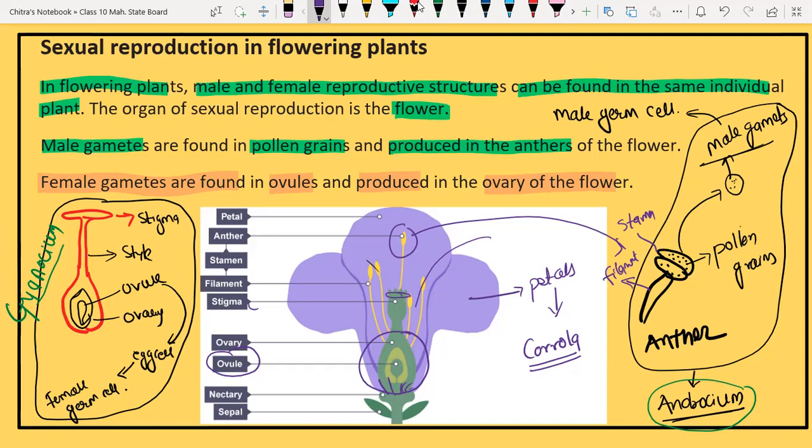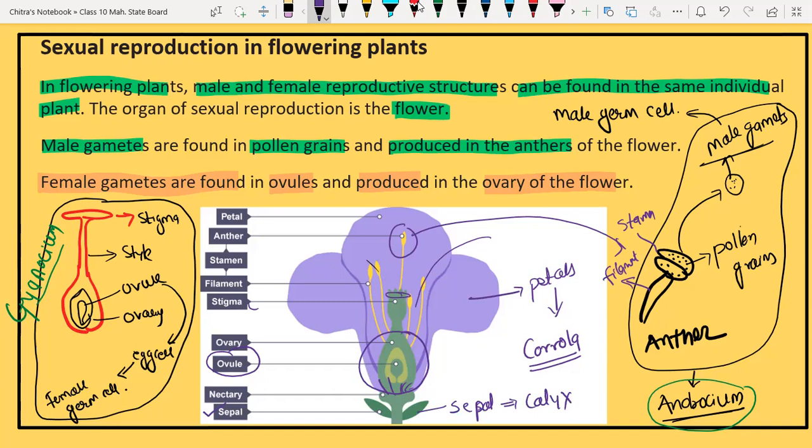And this part at the base of the flower is called the sepals. It is called sepal, S-E-P-A-L, and sepal is also called calyx, C-A-L-Y-X.